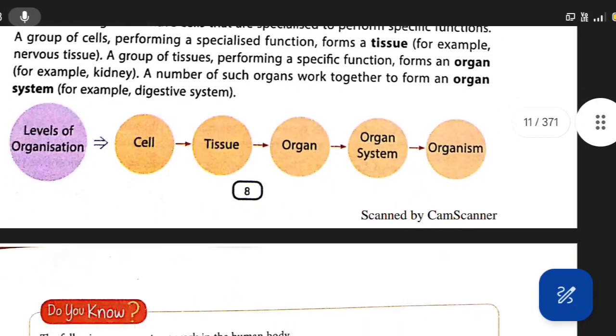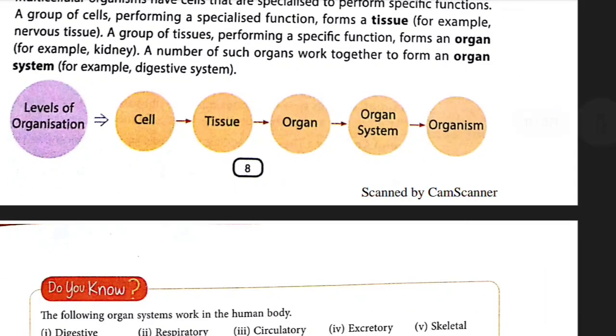Then some tissues combine to form an organ. Suppose consider your hand. Your hand is made up of a number of cells. First, it is made up of skin, then muscle, then it also includes bone.